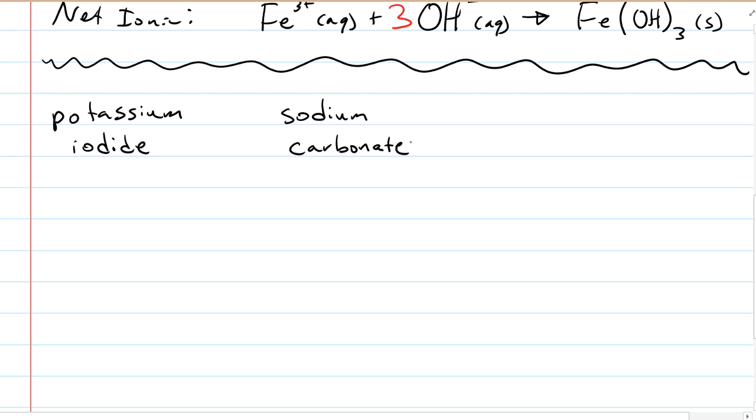So here's the sodium carbonate. And then I have some potassium iodide in here. And of course, ionic compounds are solids, so if we see them looking like this, that means that they are aqueous. Not liquids, but aqueous.